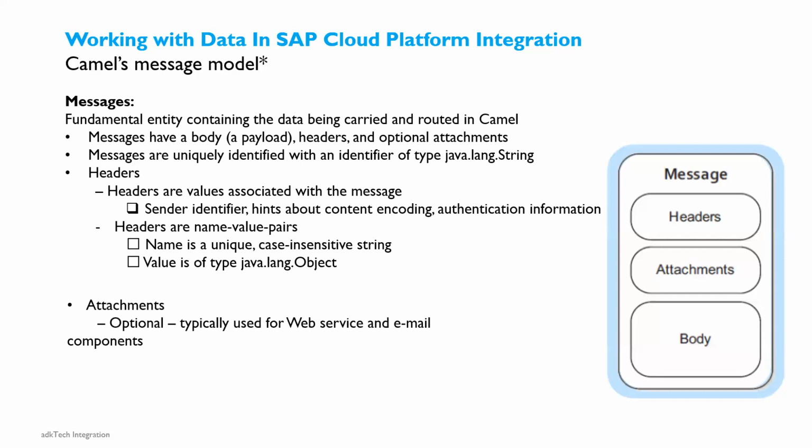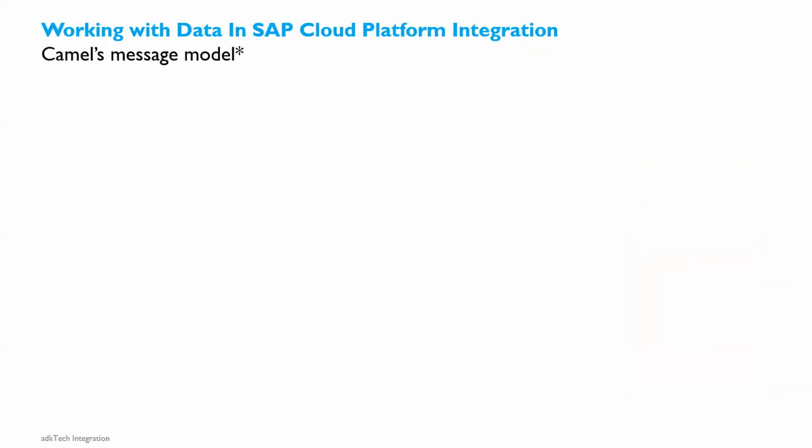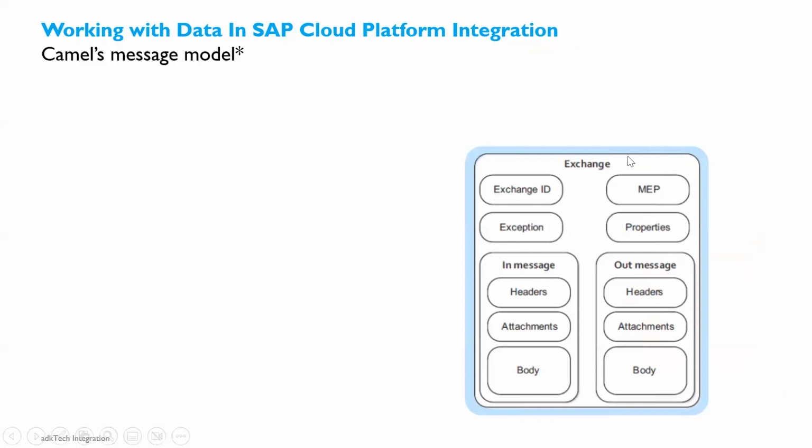If we are talking about the attachment, it's typically used for web services and mailing components. And the body, you understand, is the main part where we are placing our value. It contains the payload of the message. Moving forward, we have an additional data type called exchange, and this plays a very important role in the CPI or the BTP.